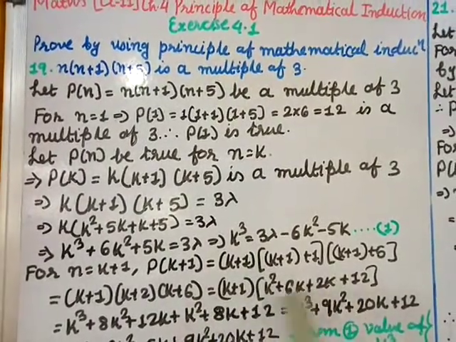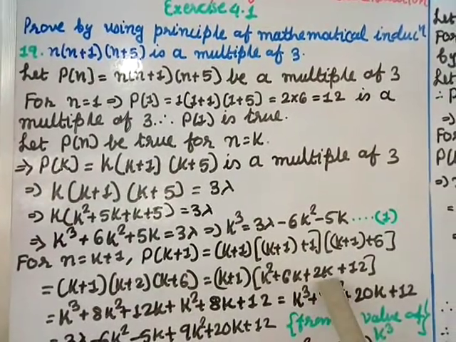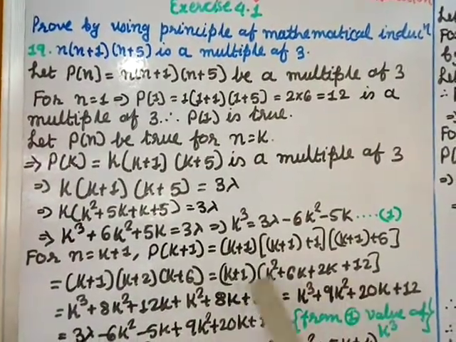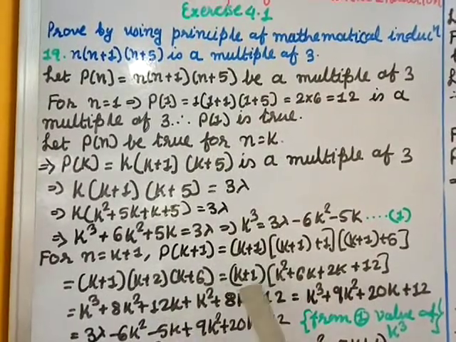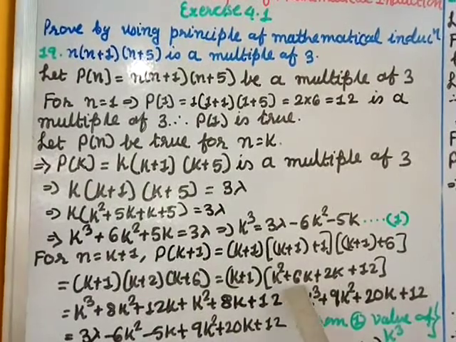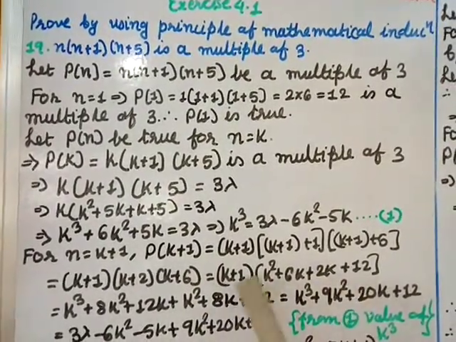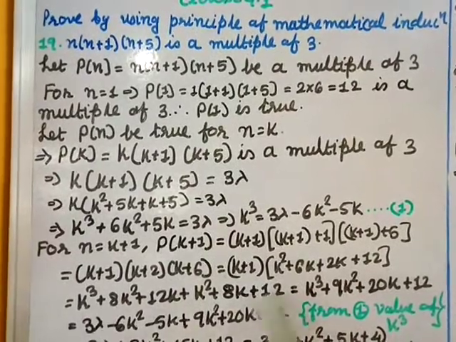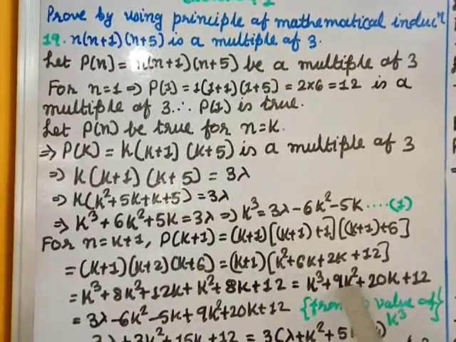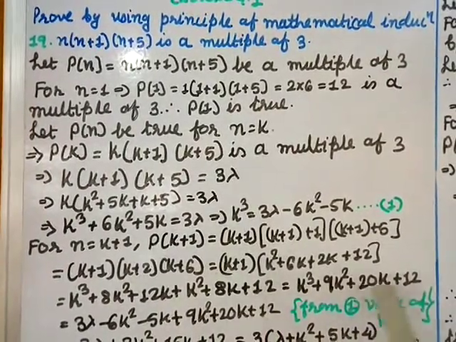Multiply this also inside: k cube plus 8k square plus 12k, plus k square plus 8k plus 12. This can be written as k cube plus 9k square plus 20k plus 12.